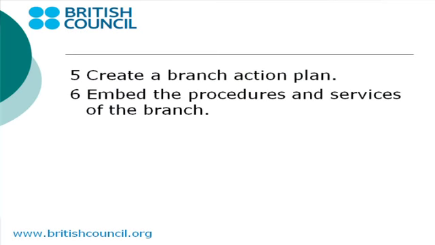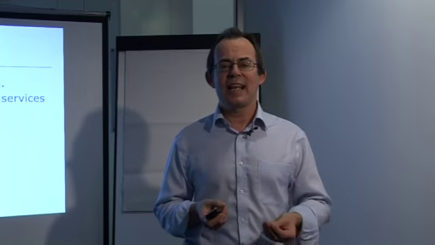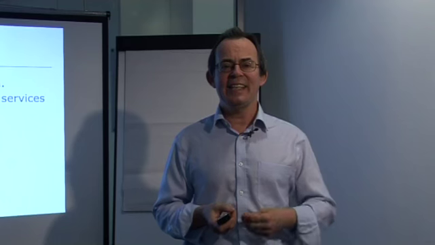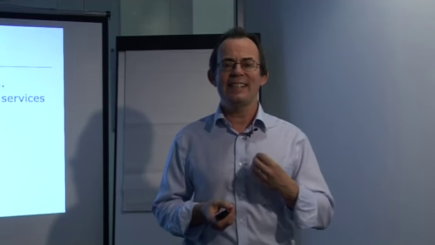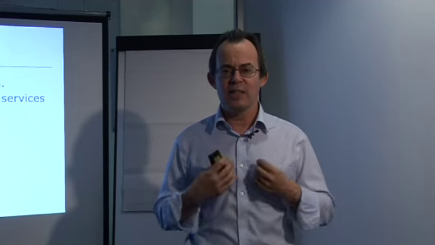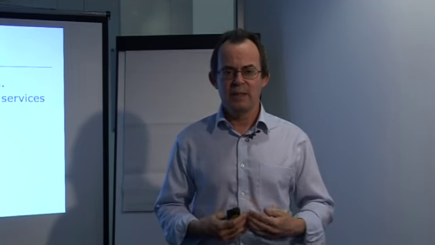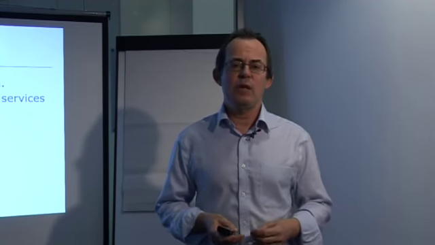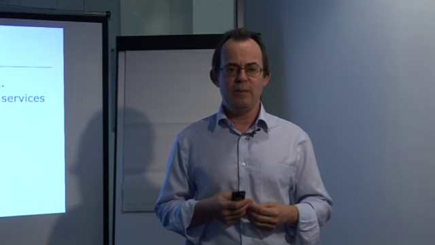The sixth point is to embed the procedures and services of the branch. In other words, at the beginning of any branch, at the beginning of any TA, there's a lot of energy, there's a lot of enthusiasm, there's a lot of motivation around. So the first event goes well, the second event goes well.